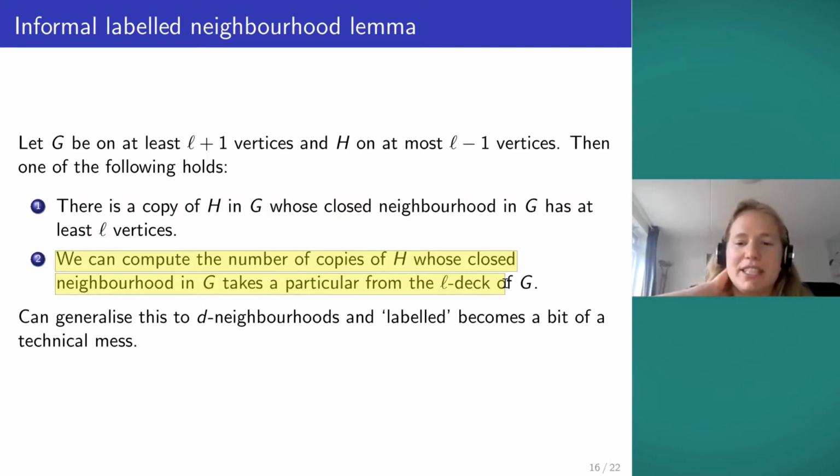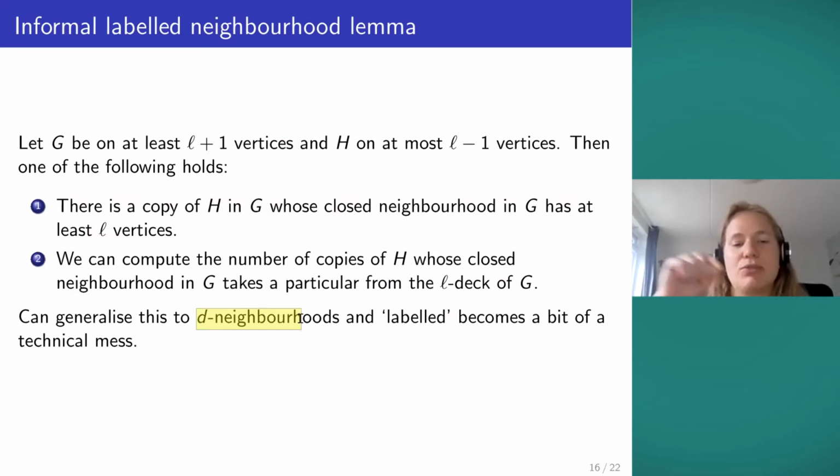So to make this really official and work out this notion of labeled, it becomes a little bit of a technical mess. But we are able to do this in a more general form as well, where instead of looking at labeled neighborhoods, we look also at vertices at distance 2 and 3, etc.